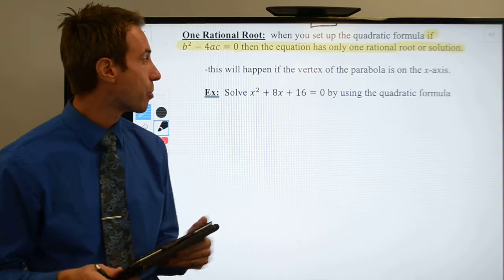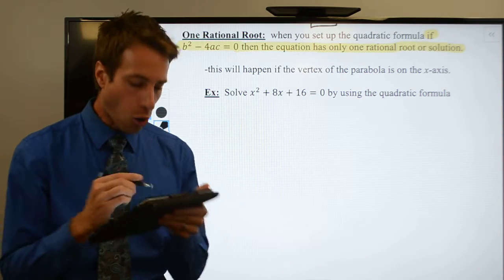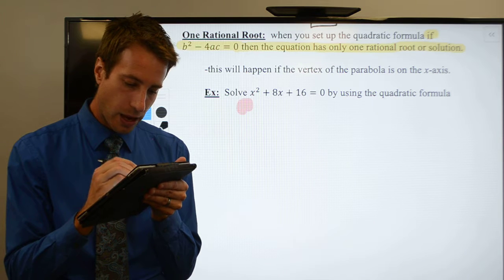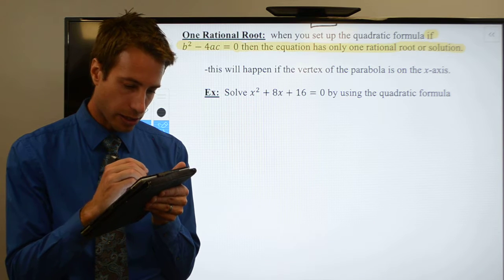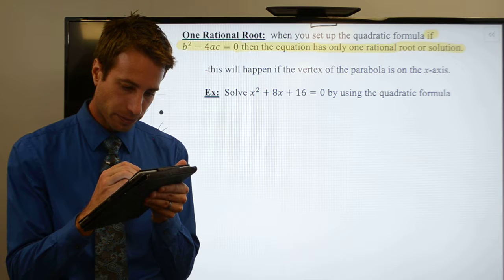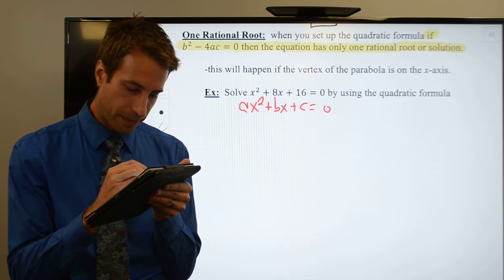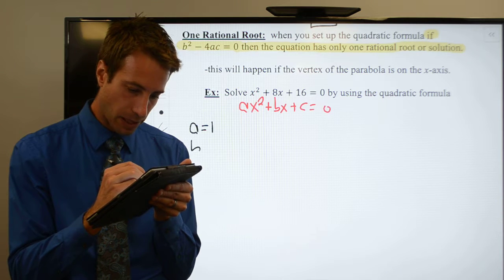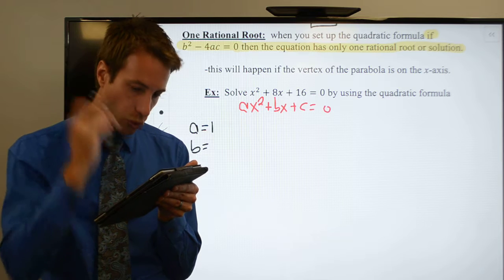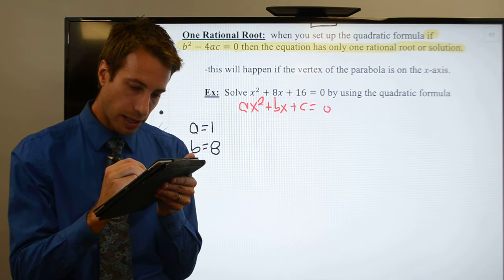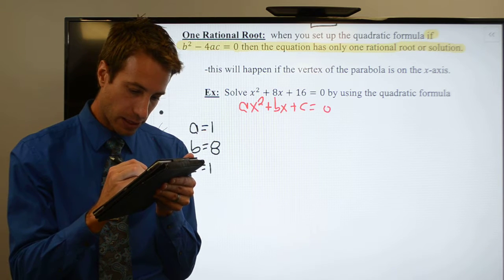So I've got a couple of example problems for you here, and this one is already in standard form. Where a is equal to 1, b is equal to 8, and c is equal to 16.